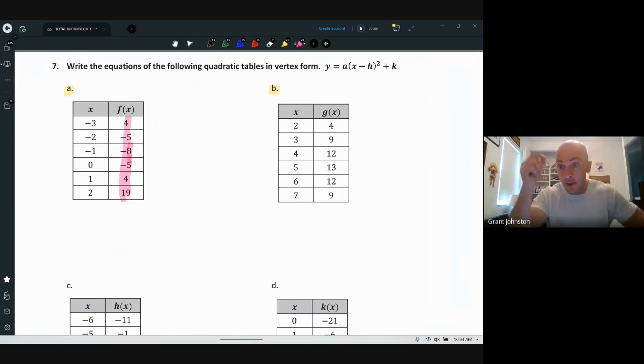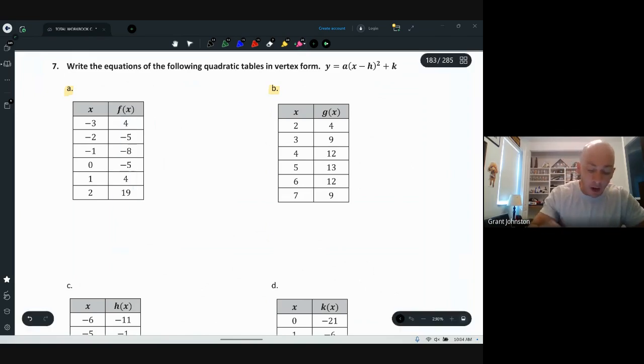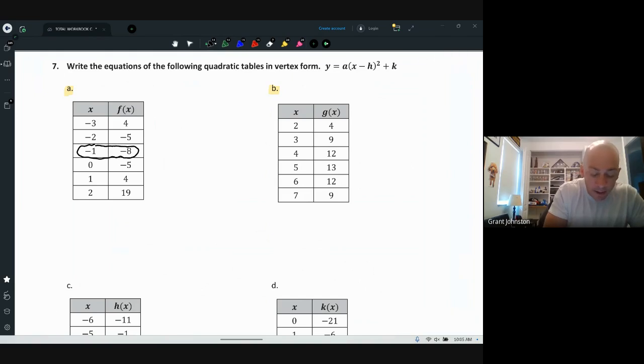You see that? It starts at 4, goes down to negative 5, down to negative 8, then it goes back up to negative 5, then back. So that tells us our vertex is right here: negative 1, negative 8. That's that point where it changes from decreasing and then starts going back up. So that is our vertex. That's how you can see the vertex from a table.